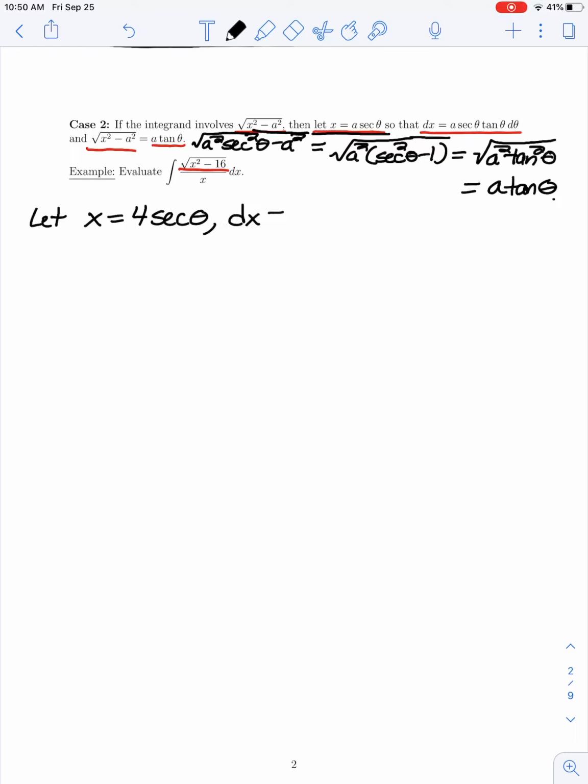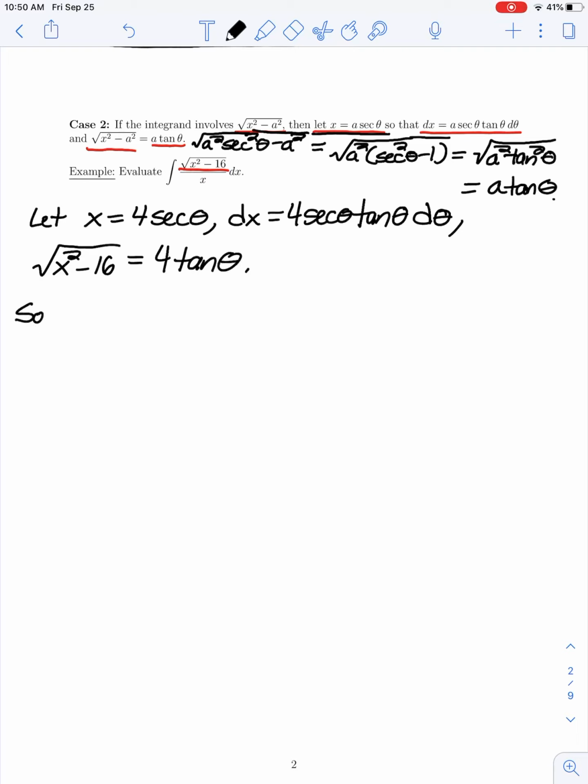So then dx is 4 secant theta tangent theta d theta, and our radical, square root of x squared minus 16, is equal to 4 times tangent theta.